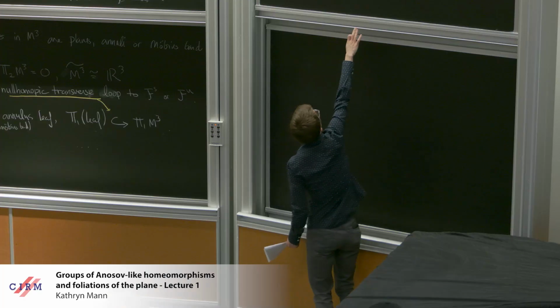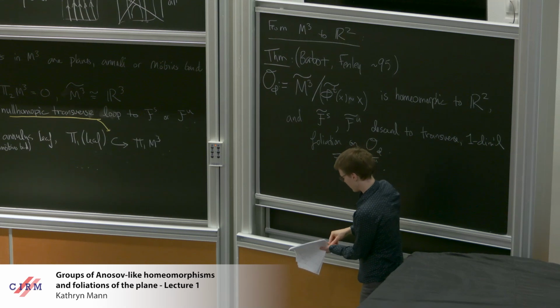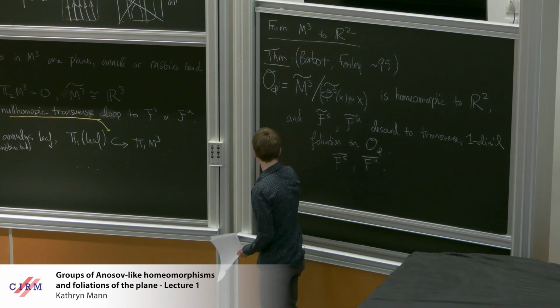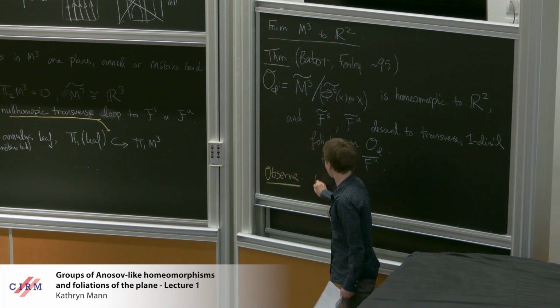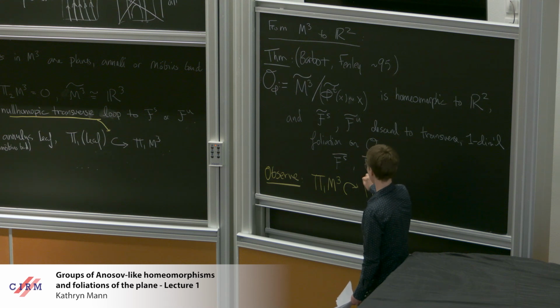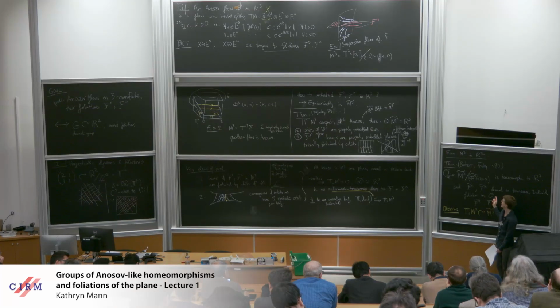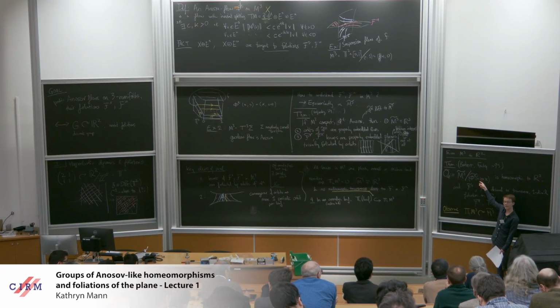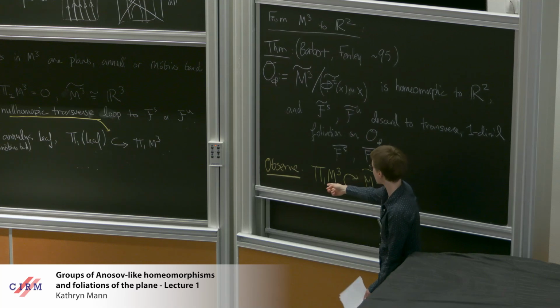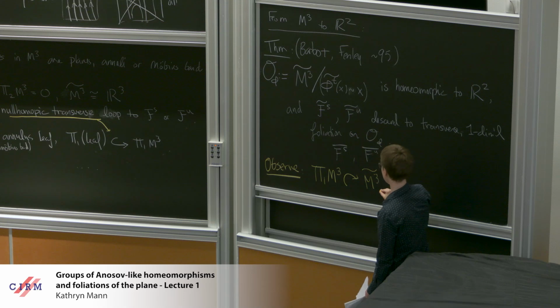So actually, maybe this is worth saying, not technically part of this theorem, but an observation. The fundamental group of my three manifold acts, of course, on its universal cover by deck transformations. And all the properties of my foliations and my orbits were lifted from downstairs. So this action first descends to this quotient space, because it preserves orbits of the lifted flow.